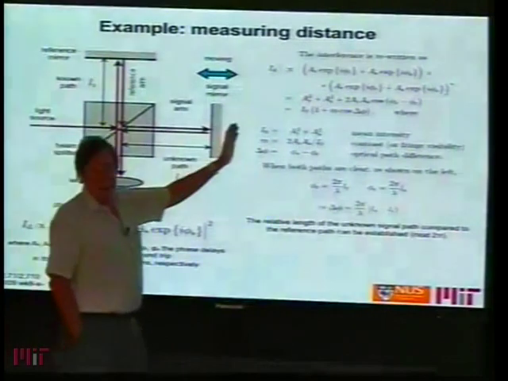In the case of Michelson, he looked at various things. He didn't look at lasers because there weren't any lasers then, but he looked at light from discharge tubes and various different types of lamp and so on. And he looked at how the signal would vary as you move this mirror.